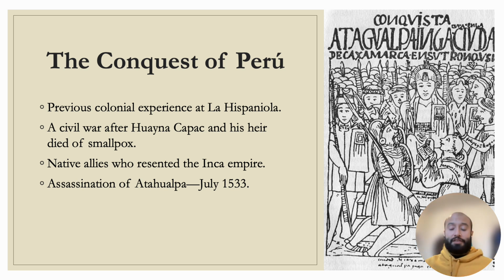So when the Spaniards arrived in the land of the Inca Empire, what they found was a society in a very, very bad civil war. And the tactic of the Spaniards was to ally themselves with one part to defeat the other, and then to betray the people they had allied themselves with in the first place. Very similar to what happened in Mexico.